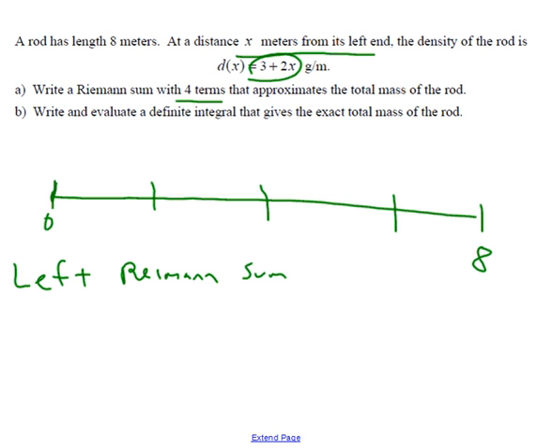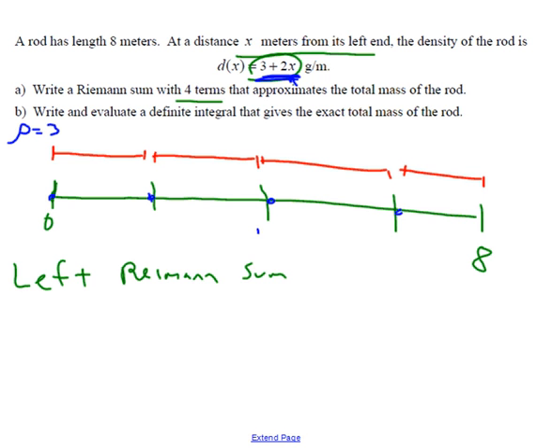So in order to do a left Riemann sum, I need to find the density at these 4 points, because I'm using my left point to approximate the density over each one of these intervals. So at 0, putting 0 in for x, my density is 3.